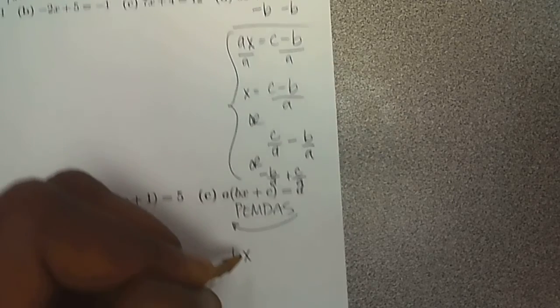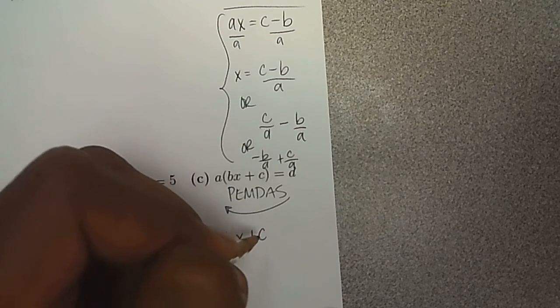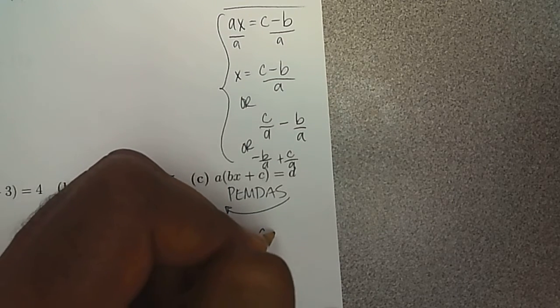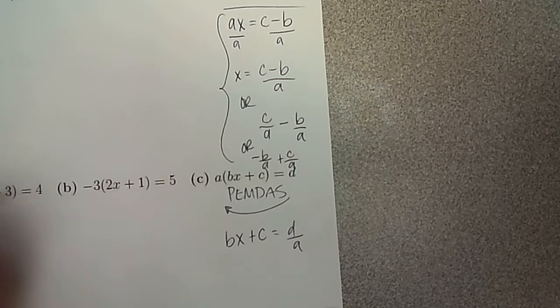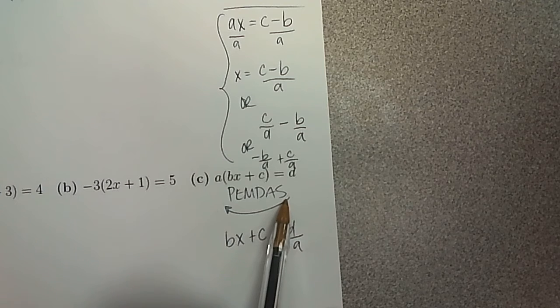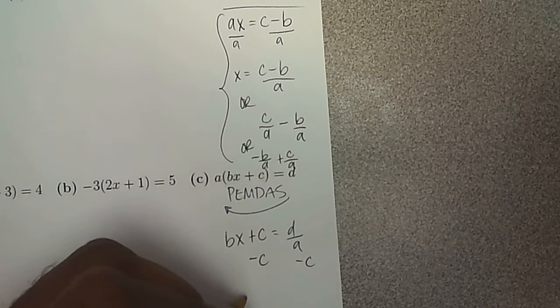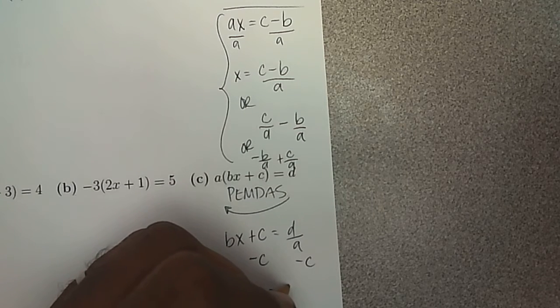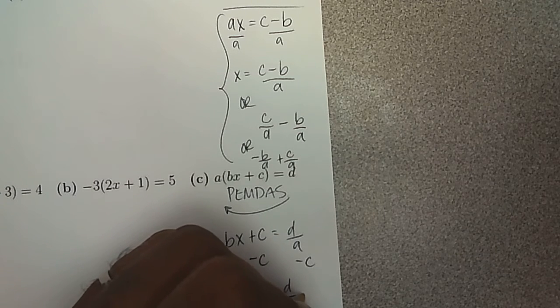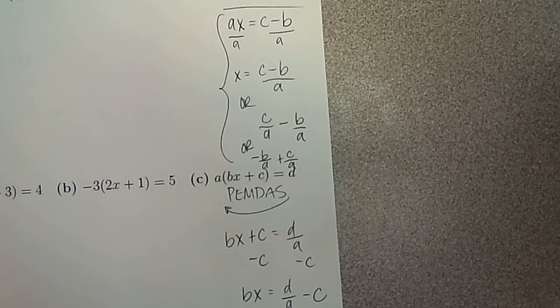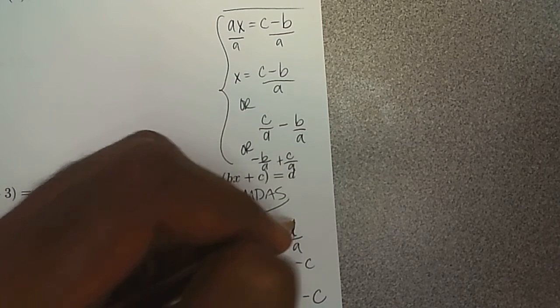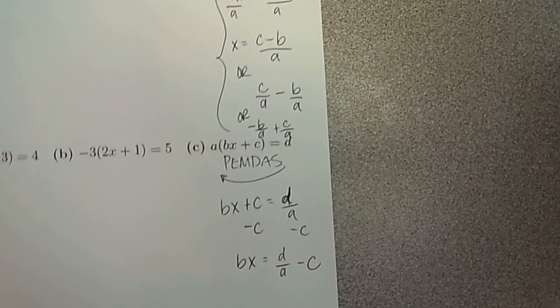So this is working back from order of operations. I don't have subtraction, but I have addition. The opposite of adding is subtracting. So this is D over A minus C. Gets tricky. Be careful with your variables. They can end up looking the same.